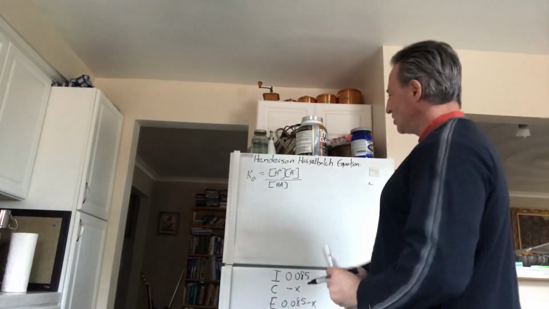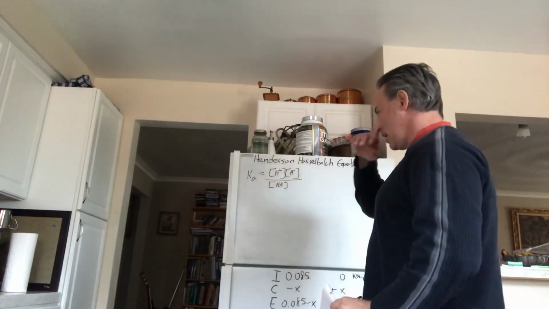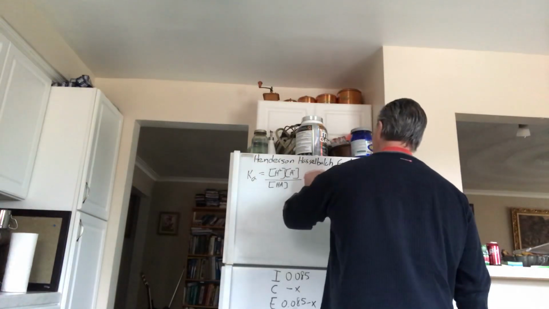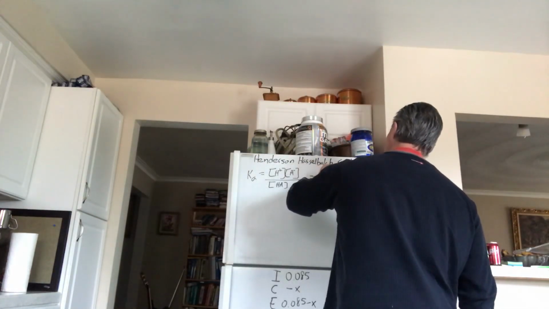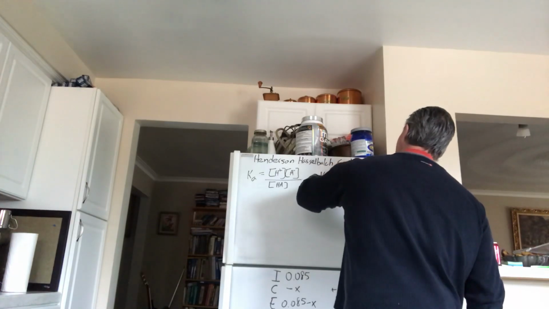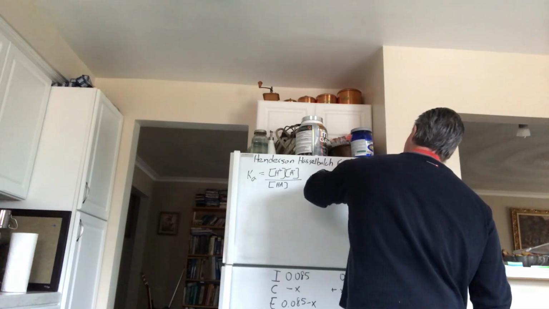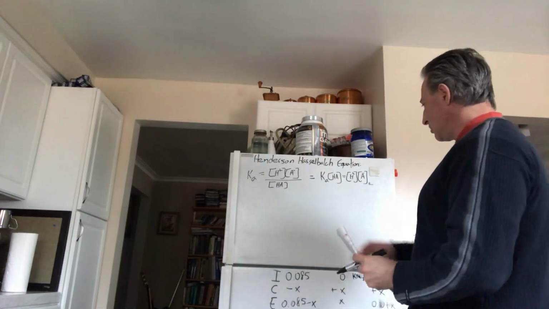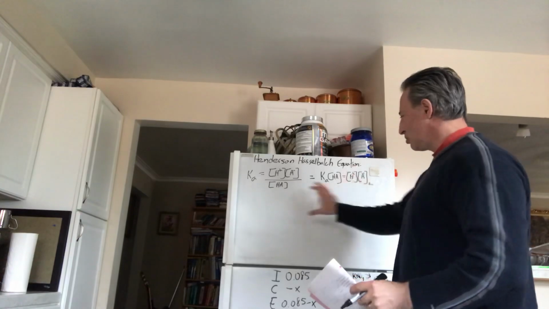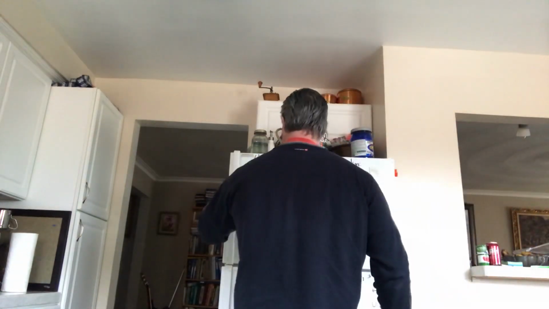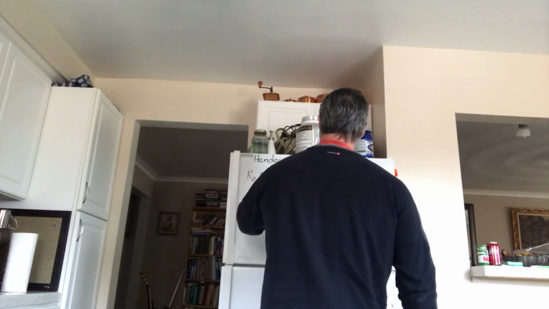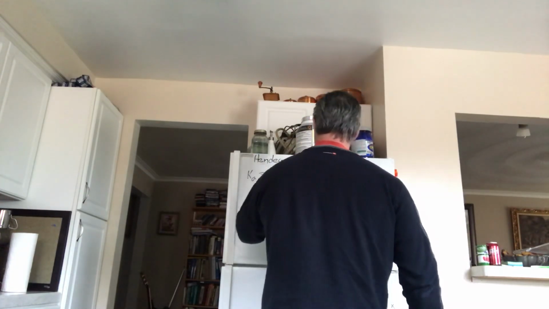You can begin to rearrange the equation by transposing the HA to the Ka side by multiplying both sides by HA, so that you get Ka times HA equals proton concentration times conjugate base concentration. Now, if you isolate for the H plus and put it on the left side, you'll get this. H plus concentration is equal to Ka times the undissociated acid concentration divided by its conjugate base concentration.